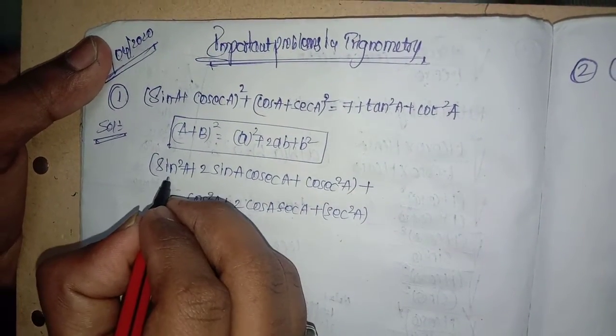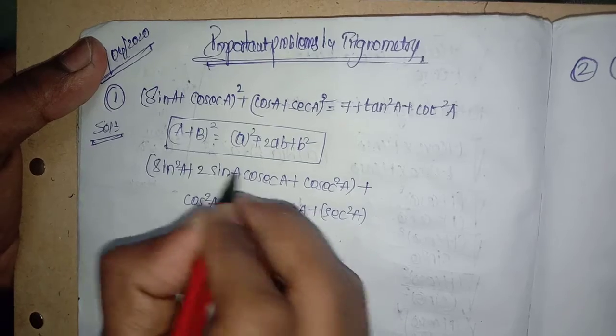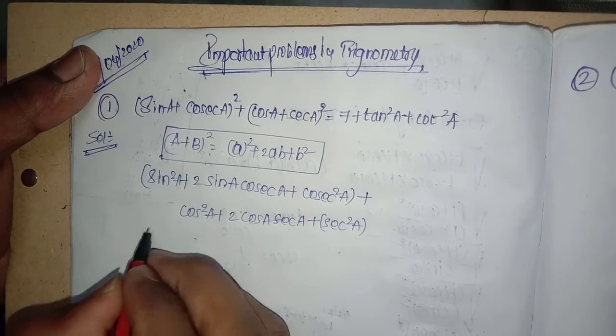Next, sin a and cosecant a are reciprocals, so we have to convert into reciprocals.